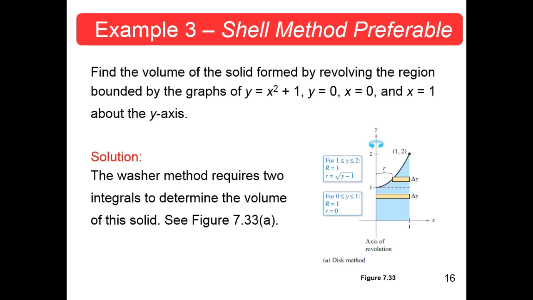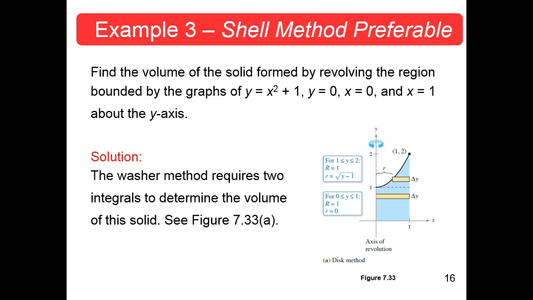Then the second part, you have to go from here to there, but you have to get the radius in terms of y. The outer radius is 1, the inner radius is the square root of y minus 1, which we talked about before. And that wouldn't be super bad either, because you're going to square both of those, going from y equals 1 to 2 with the dy.